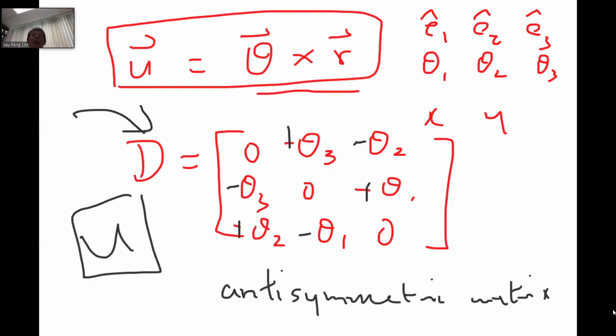But I don't want to worry about motion of the body that is a result of rotation. So I've got to take it out.